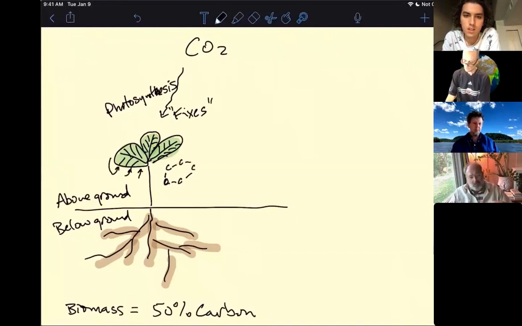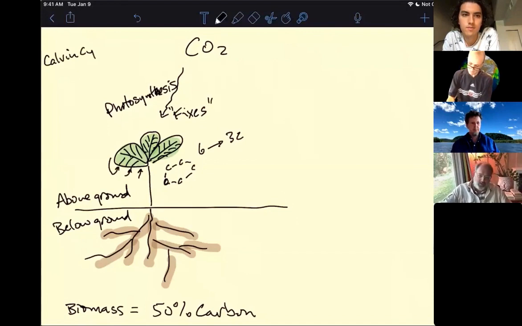Then it splits what is now a 6-carbon chain in half and uses those 3-carbon chains to make the biomass, but it also recycles some of it to build those 5-carbon chains to come back around. That's called the Calvin cycle. Beyond the scope of the class, really, but important to understand from a plant biology perspective that it's recycling carbon in order to build its own biomass internally, but it's taking up carbon from the atmosphere.